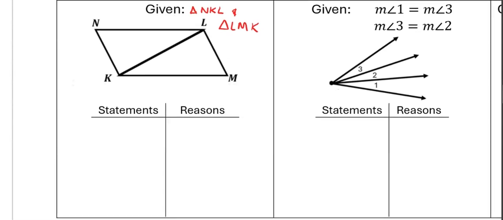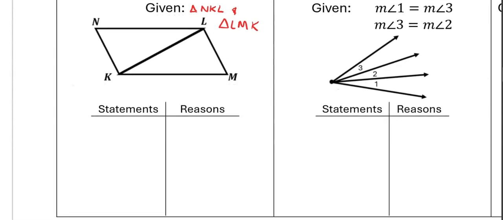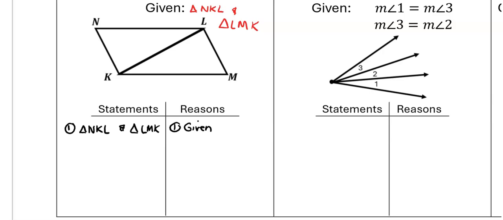One of the first facts we have is that we have two triangles. What is given in this first diagram is triangle NKL and triangle LMK. That's all that was given to me. The reason no measurements have been given is that there is one fact I can pull from this diagram without any numbers: triangle NKL and triangle LMK both share the side LK.